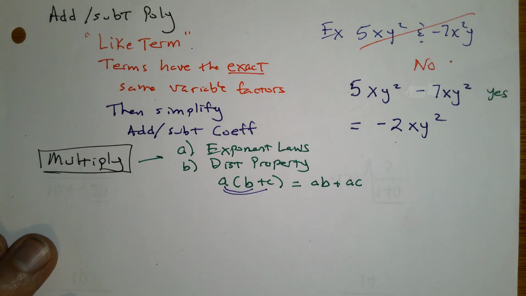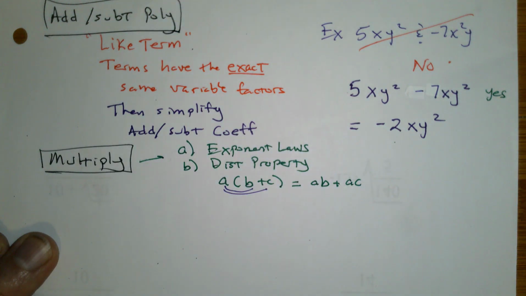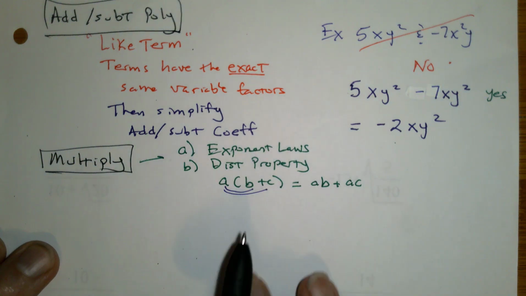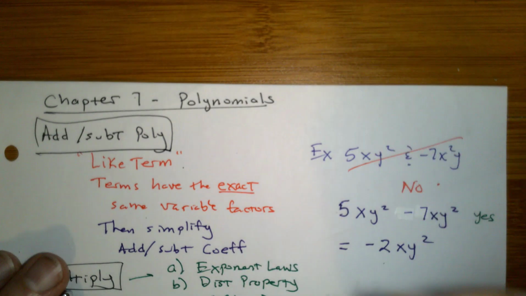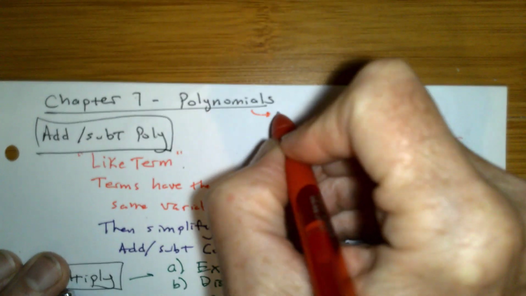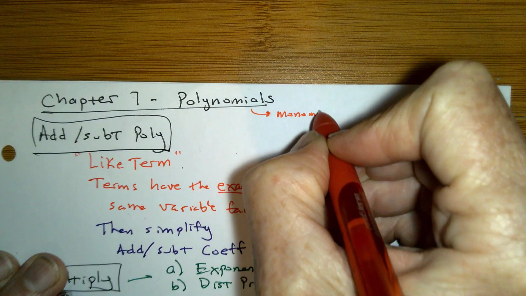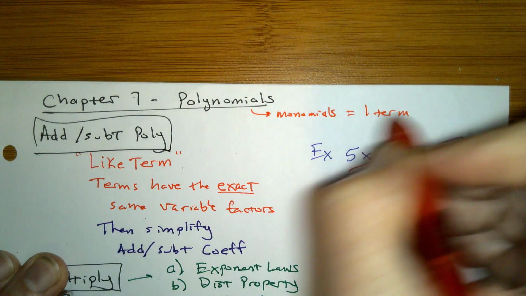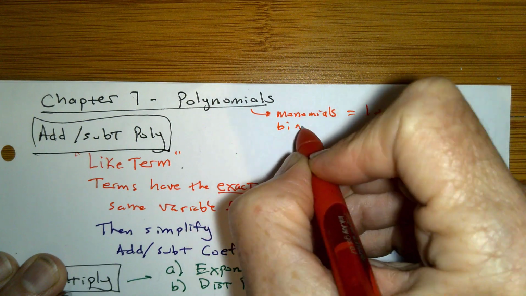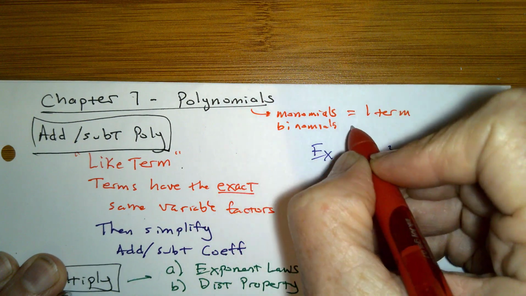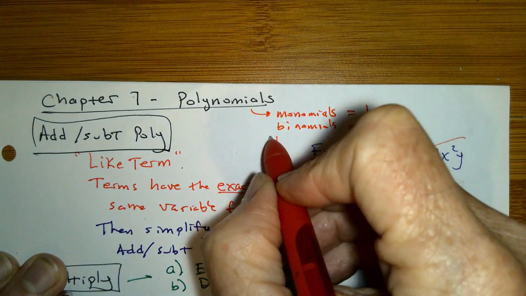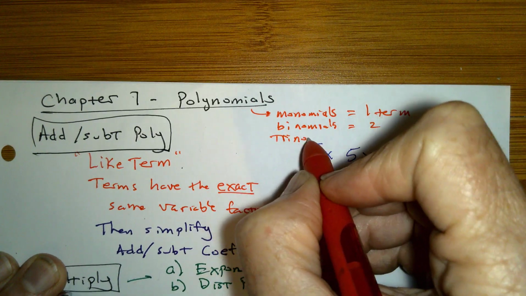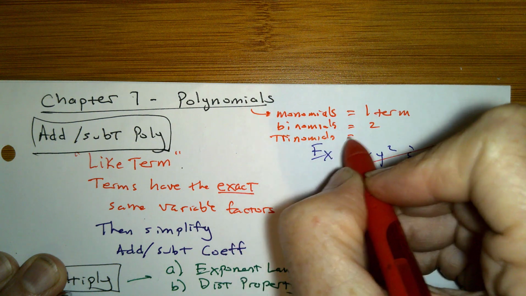Hopefully you know what I'm talking about. With the polynomials, there are things called monomials, and that just equals one term. There's binomials, obviously two, and then trinomials, that's three terms.